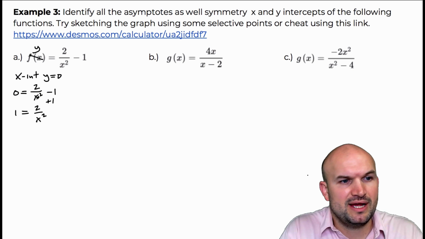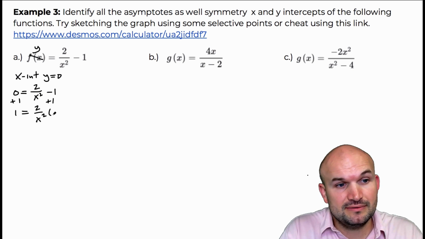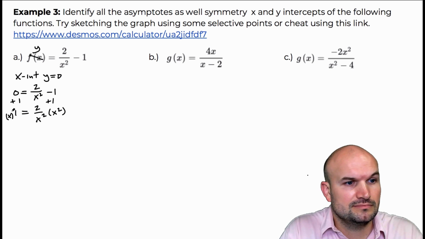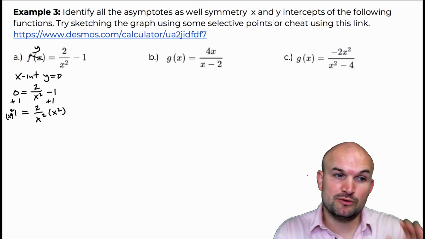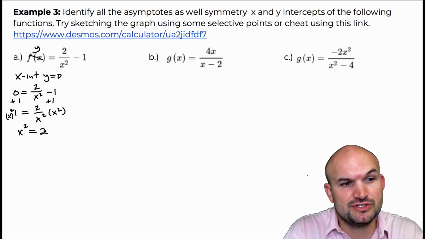Actually, this one I'll show my operations. Then to get the X squared off the denominator, we're going to multiply by X squared on both sides, and therefore I'm left with X squared equals 2.